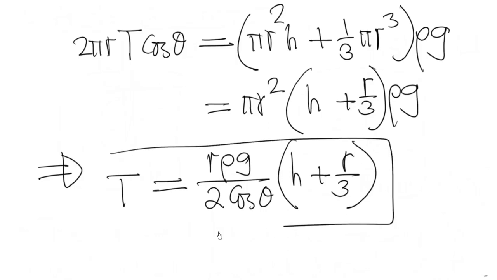So you see from this formula we know the radius r of the glass tube, ρ is the density of the liquid, g is the acceleration due to gravity, θ the angle of contact we can measure, and h is the height of the liquid column. So we can apply this formula and calculate the surface tension of the liquid.